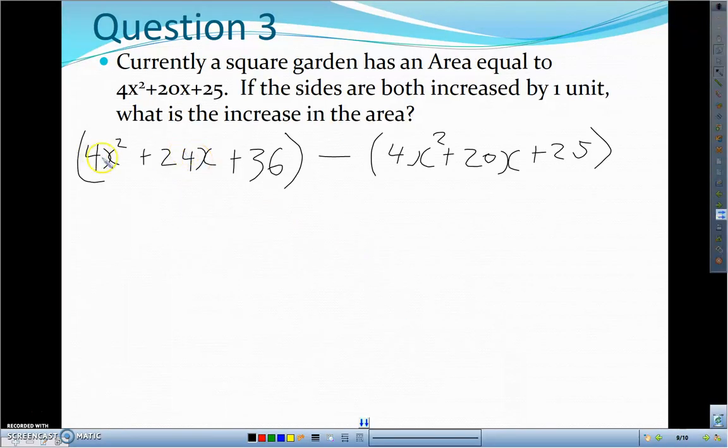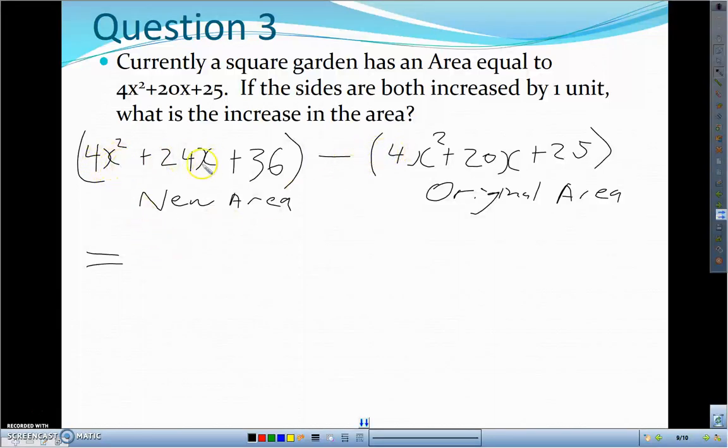For the sake of speeding up the time, I've created a new slide, and this here is the new area. And this one over here is the old area, or the original area. And so how much did it increase by? What is the increase in the area? It's going to be the new area minus the old. So we're going to use the simplification, 4x squared minus 4x squared.